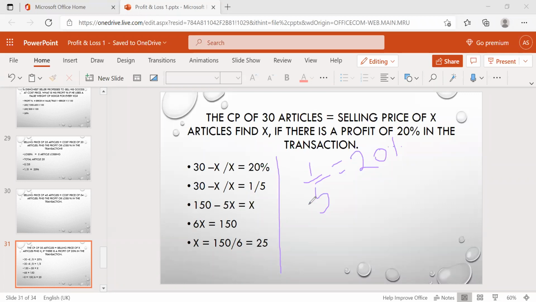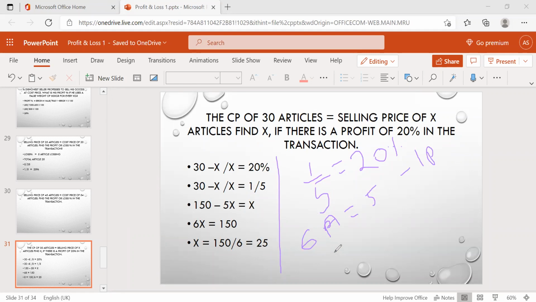So 1 plus 5, totally 6 articles. He's selling 5 articles, and he's getting profit of 1 article. Okay, he sells 5 articles and he's getting 1 article price as the profit, right?